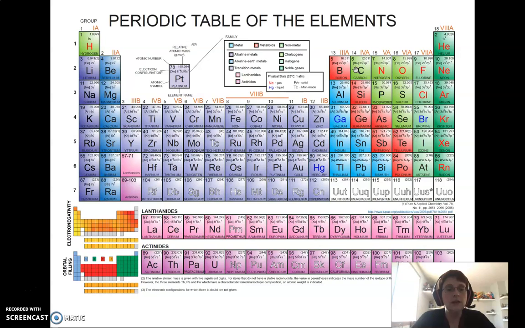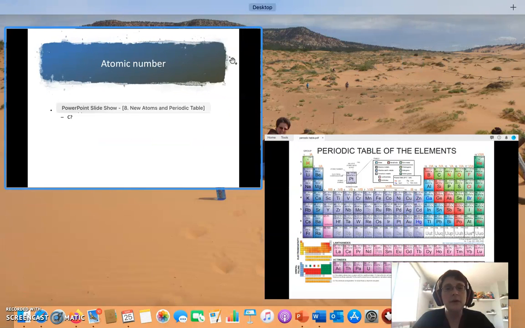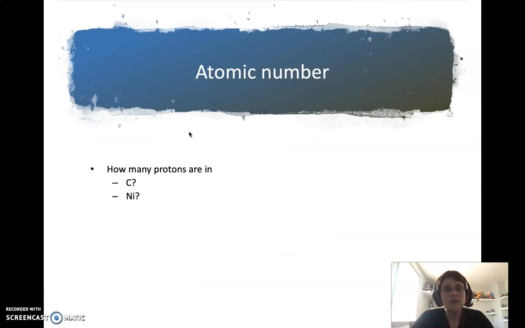So what I'd like you to do, let's go back over here. Take a look and see if you can find out how many protons are in nickel and lead. You may notice carbon's atomic symbol makes sense.